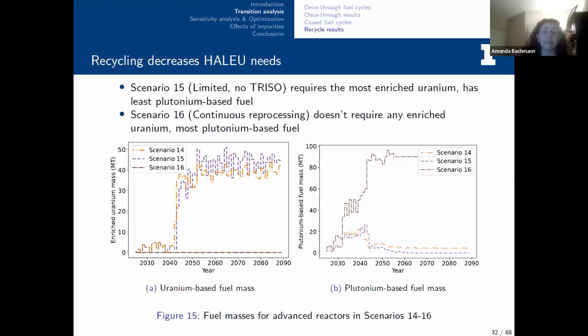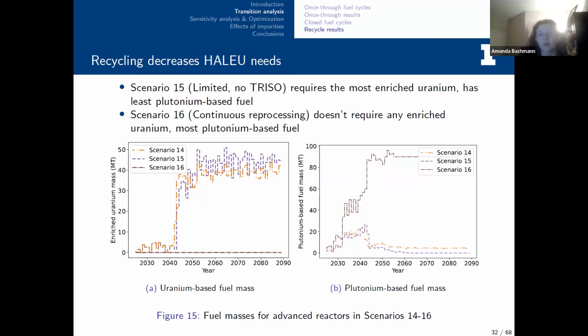We also see that recycling decreases your HALEU needs, which is more or less what we expected to see out of this. In scenario 15, which is that limited recycling but not reprocessing the TRISO fuel, you're going to need more enriched uranium than the other scenarios because it has the least amount of material that you're getting out of your used fuel.